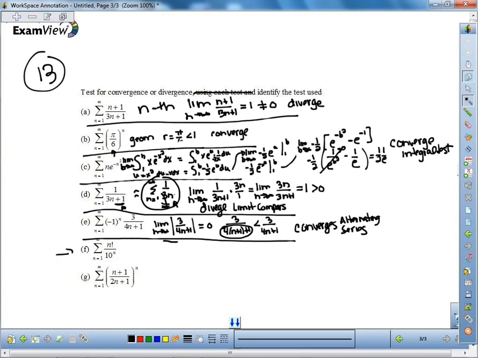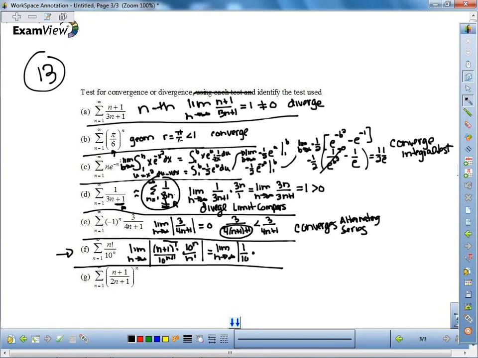So one of the things about a series, which test to use: usually when I have a factorial, the best test to use is the ratio test. So we're going to go ahead and use the ratio test. So we're going to have n plus 1 factorial over 10 to the n plus 1 times the reciprocal, so we're going to have 1 over 10 times the n plus 1 and the n.